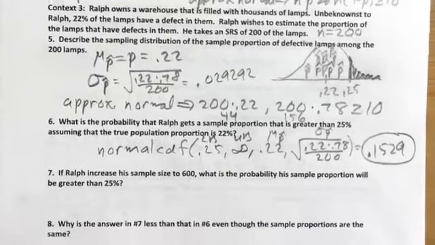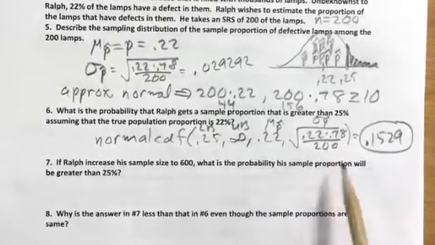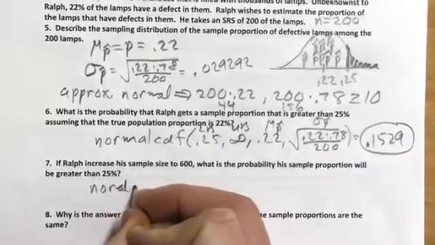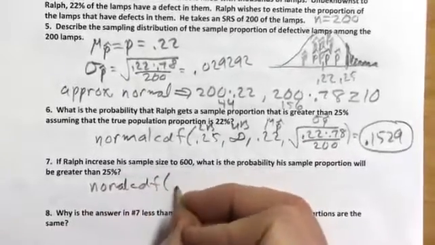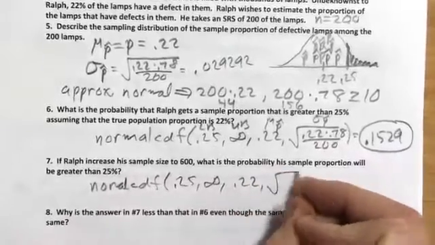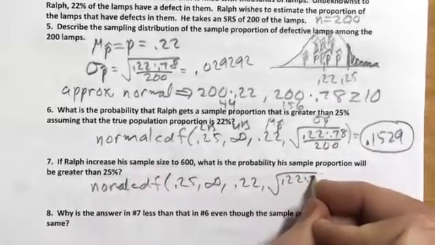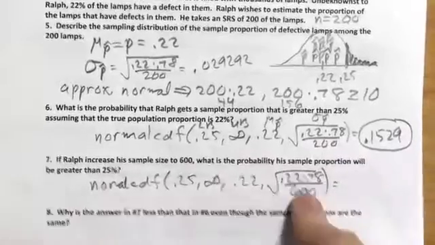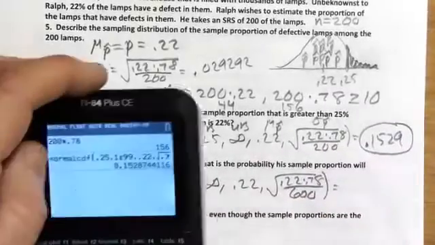All right, let's say Ralph increases his sample size from 200 to 600. In other words, all this other stuff is the same. So normal CDF, everything else is the same: 0.25 to infinity, 0.22, standard deviation the square root of 0.22 times 0.78 over 600, as opposed to 200. Let's see what happens.